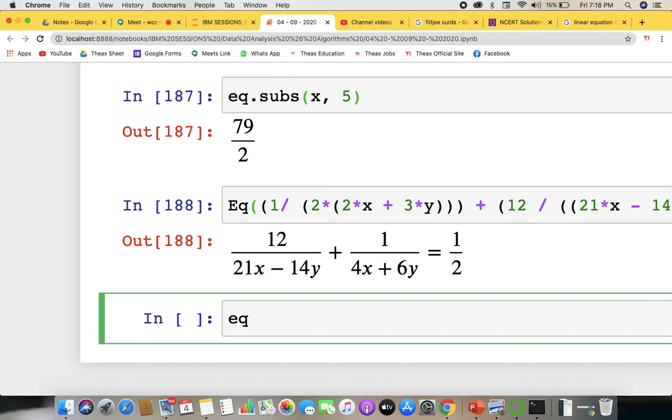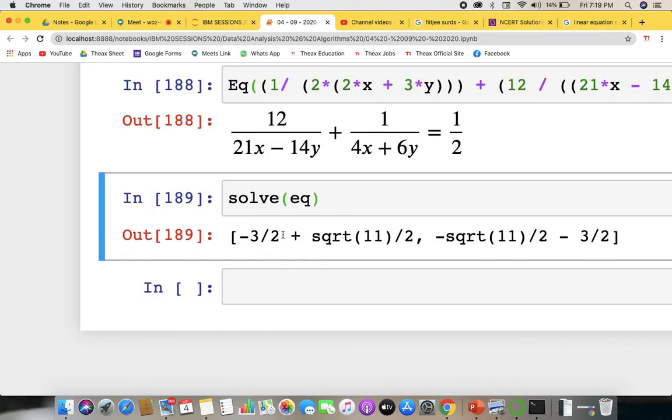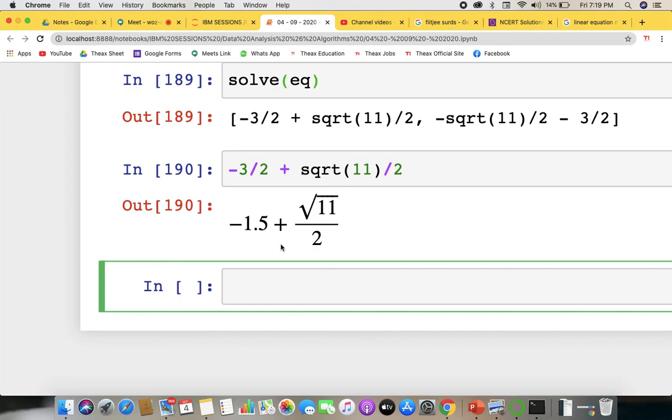Remember, for solving any linear equation, just use the solve function. So the values of x would be minus 3 by 2. This is one of the values, minus 1.5.